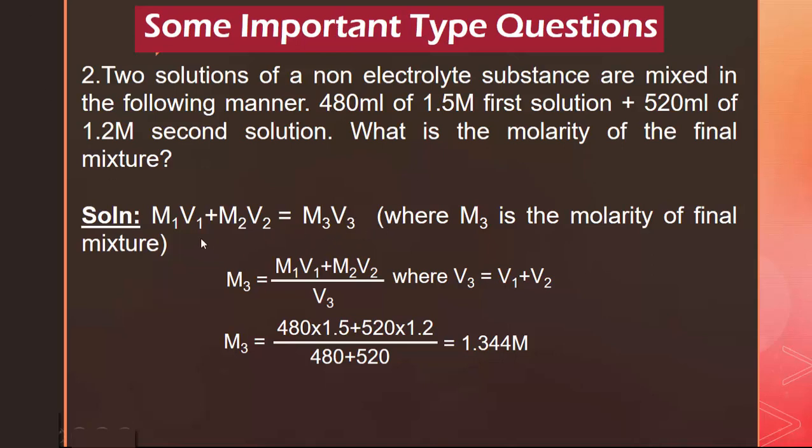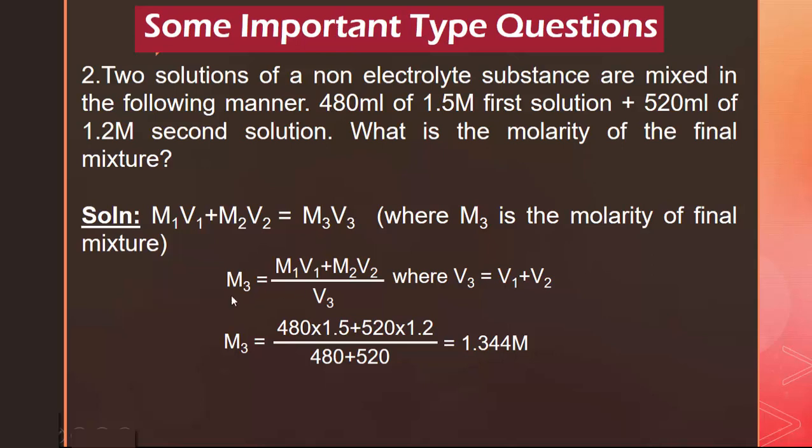So in this case it's only two solutions, so the resulting solution will have the molarity M3 and the volume V3. M3 is the molarity of the final mixture and V3 will be the volume obtained by adding these two solutions. V3 will be the sum of V1 plus V2. So we're going to find out what is M3.